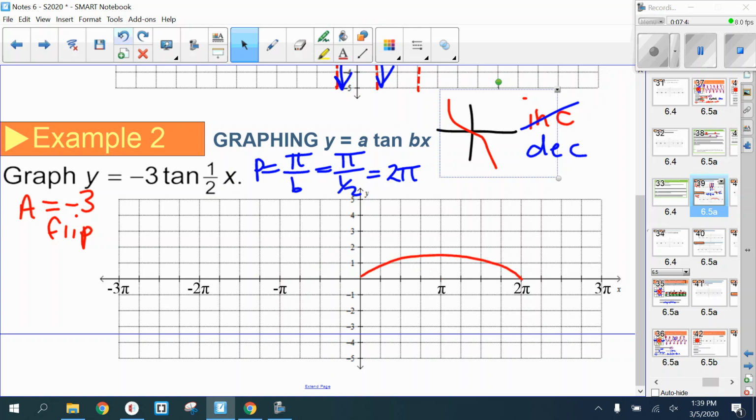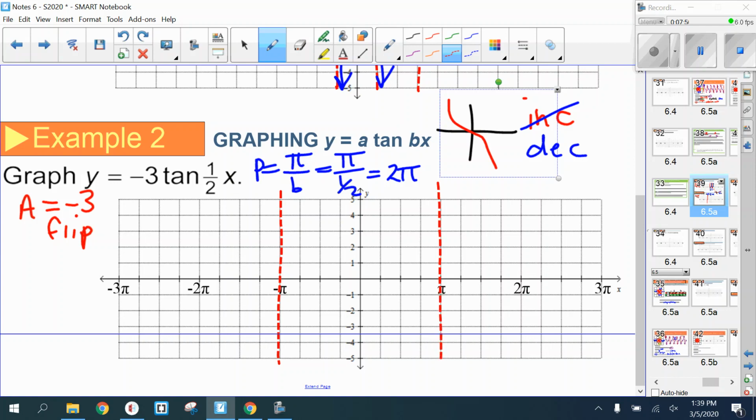Okay? So I don't want to draw that in there, but I want to make sure you understand that. We'd have to go over to negative pi and positive pi in order to make that period of 2 pi and this function be able to straddle the origin. Okay? So think about what we do. Cut that period in half and half again. Those green marks there are important because that's how we know where the dots go.